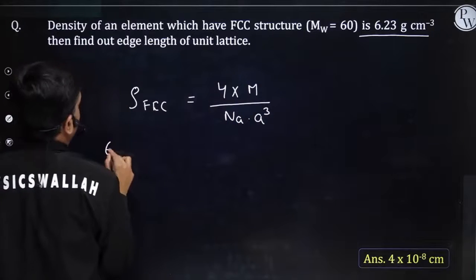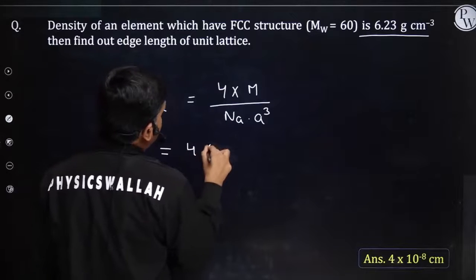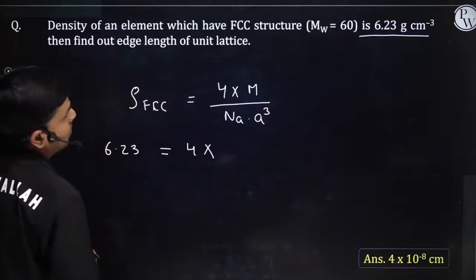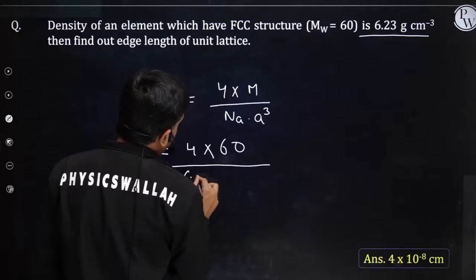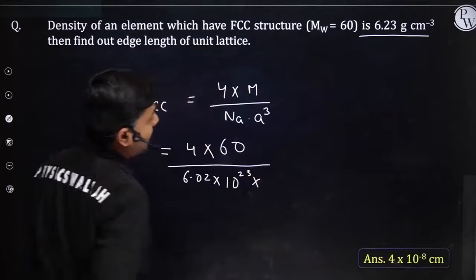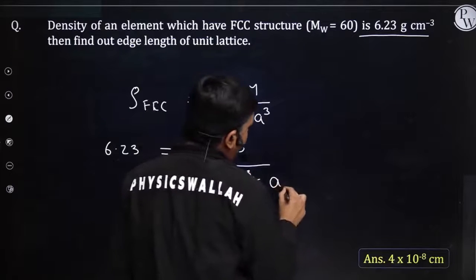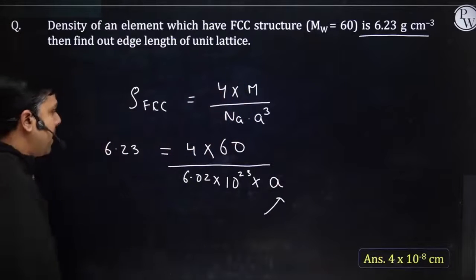Density is 6.23 gram per cc. So molecular mass we have to take in terms of grams, and it's how much? 60 upon Avogadro number 6.02 into 10 raised to the power 23 into a cube, and this a has to be there in terms of centimeter. Am I clear? A cube.